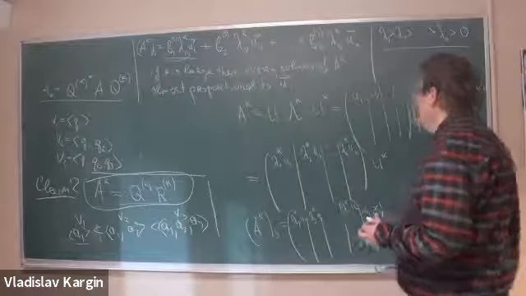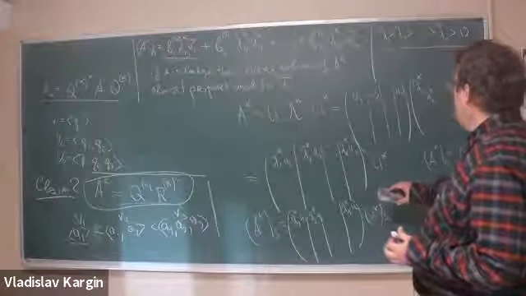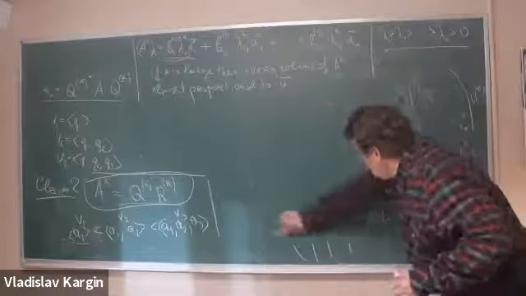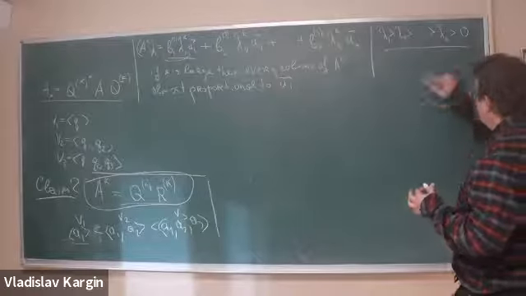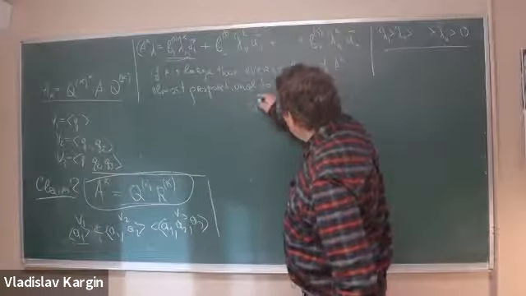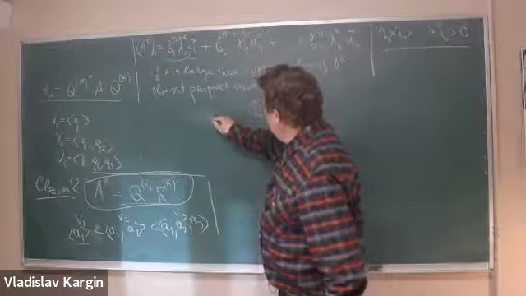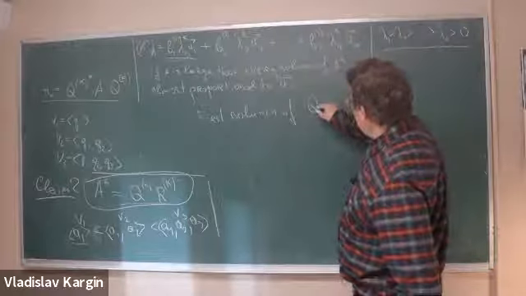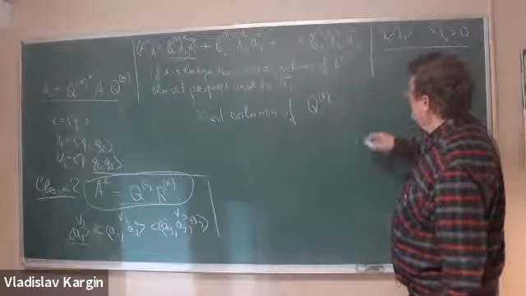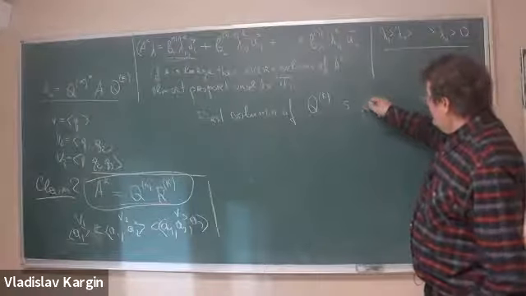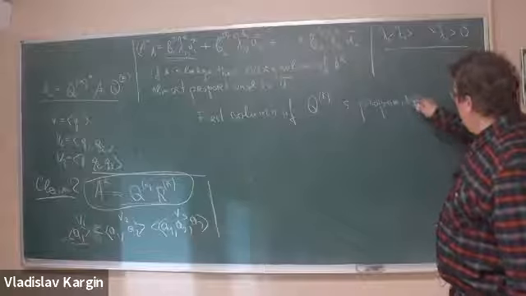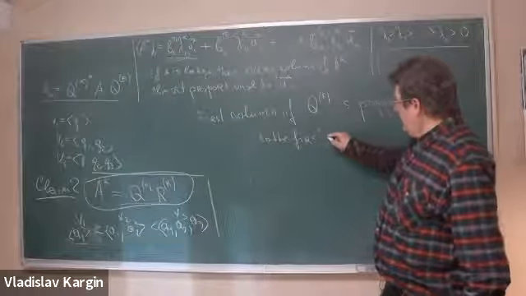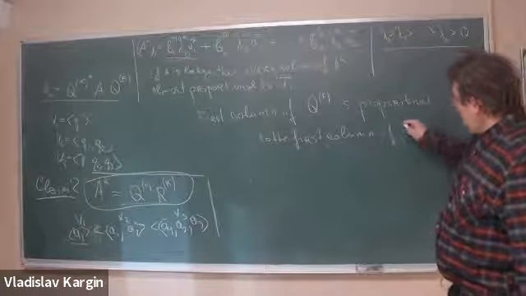So let me write it: the first column of QK is proportional to the first column of AK.